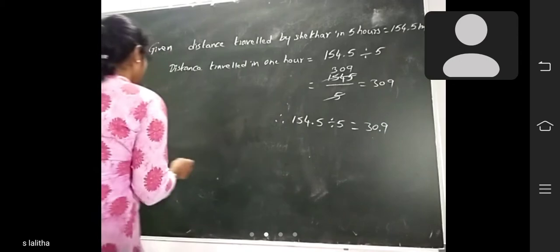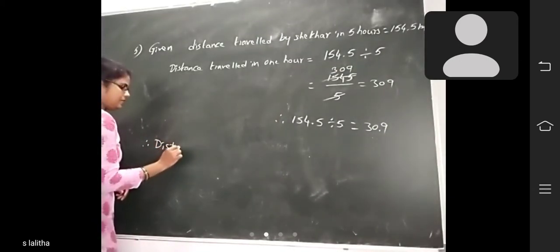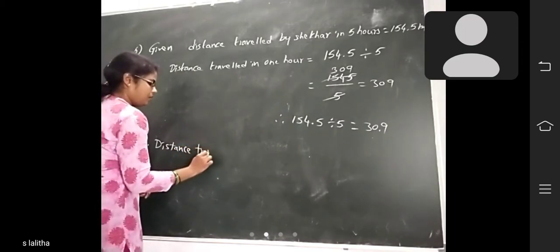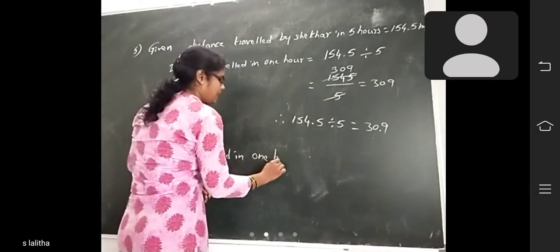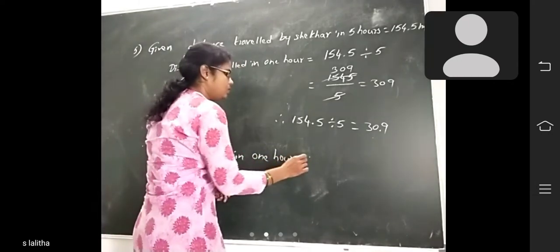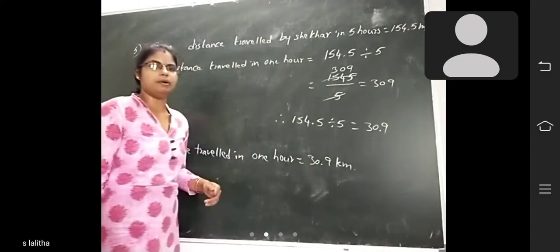So therefore distance traveled in 1 hour is equal to 30.9 kilometers. Okay, ma'am? Right.